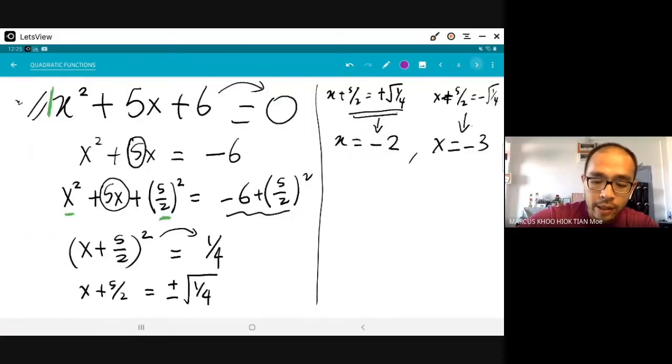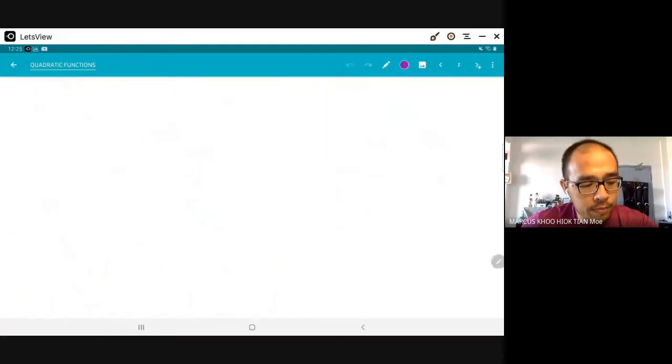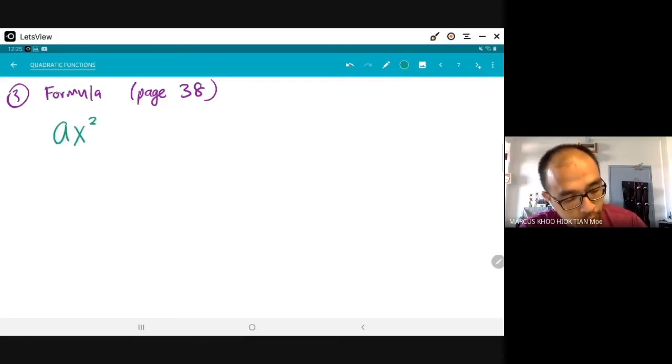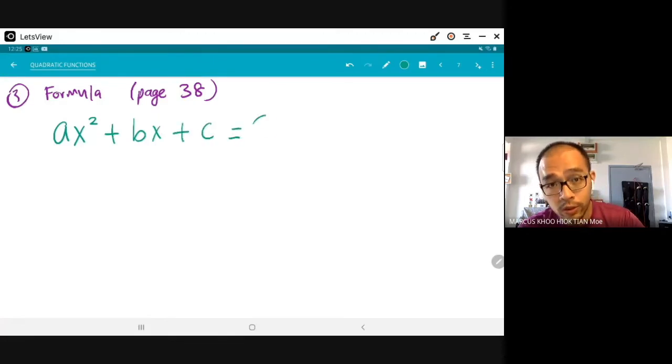Now the third method is by using a formula. If you turn to page 38 in your textbook, you will see the formula written there. Every quadratic equation is ax squared plus bx plus c equals 0.